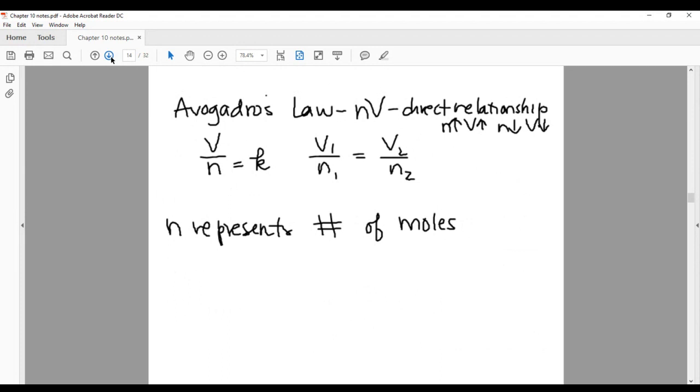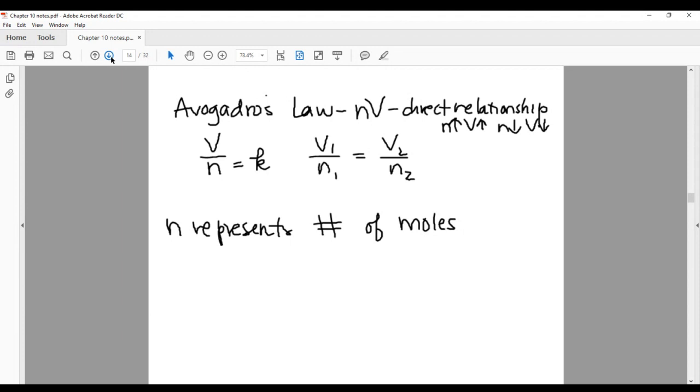And then our fourth law that compares 2 variables is Avogadro's law. We talked about Avogadro when we were talking about our stoichiometric relationships, that we have Avogadro's number, which is the number of atoms in a mole. So we continue this kind of theme as we look at gases, in that we have a direct relationship between the number of moles of a gas and its volume.